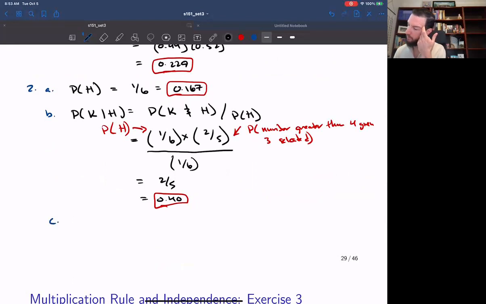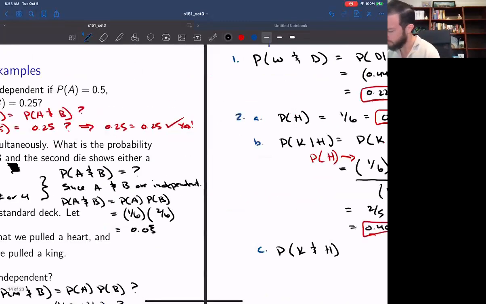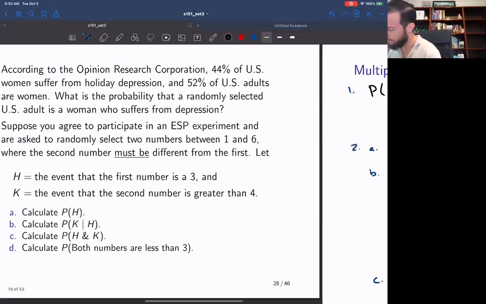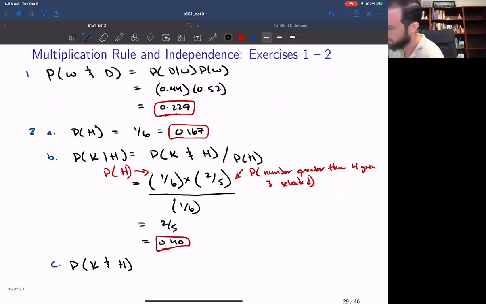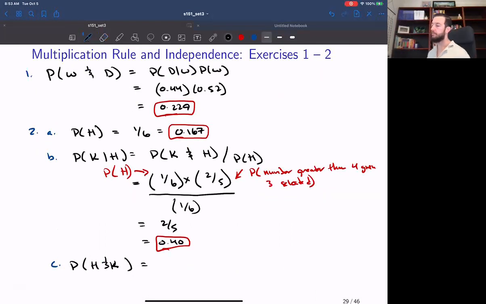Okay, in part C, we are asked for the intersection, I believe. So this is going to be K and H. Just going to check that real quick. So here we have the probability of H and K. Okay, so this is the probability that I select a 3 on the first try, and then on the second try, I select a number greater than 4, given that I selected the 3.